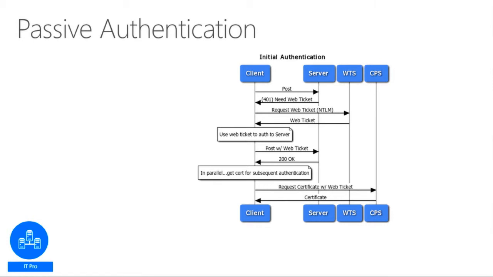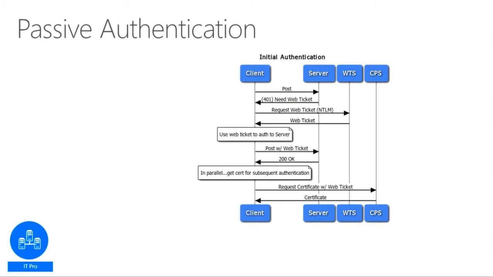So this is how the sign-in process usually looks. The client hits the server, which redirects the client to the web ticketing service. The web ticketing service gives the client a web ticket to authenticate into the server. Then the client, using this web ticket, authenticates to the server, and at the same time receives a certificate from the Lync server, not from the Active Directory certification authority, but from the Lync server.